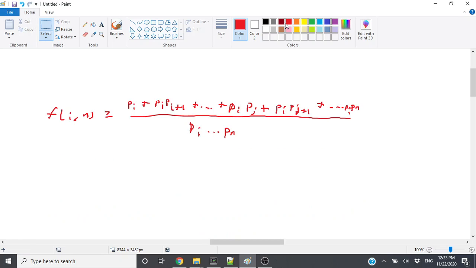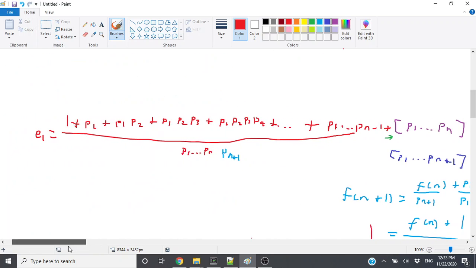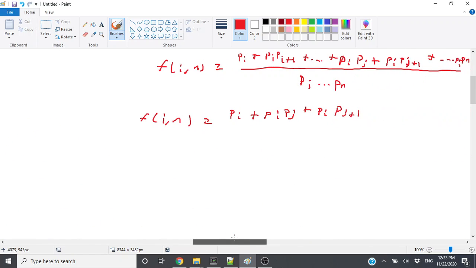Alright, now if we separate this into something like this, f of i n is equal to pi plus pi pj dot dot dots excluded plus pi pj plus 1. Actually, this is exclusive of k, isn't it? Yeah, it should be exclusive, actually.